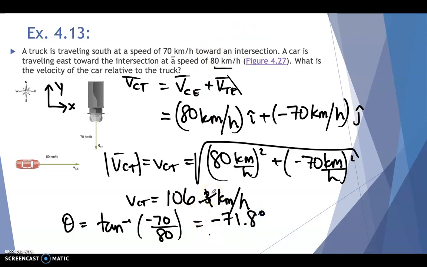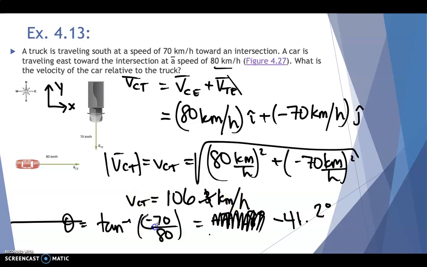Actually, let me make sure that I have it in the right units. Nope, didn't have it in the right units. So we have negative 41.2 degrees. So that is the direction of the velocity vector. Notice that I had the negative put in here.